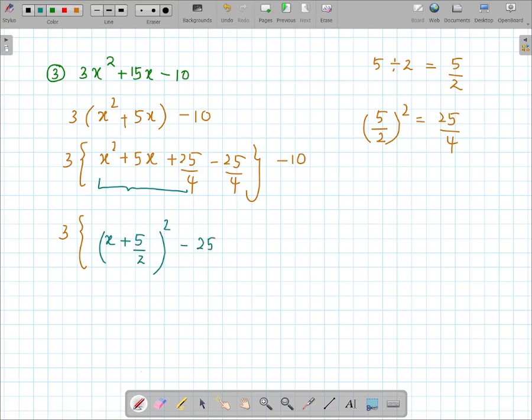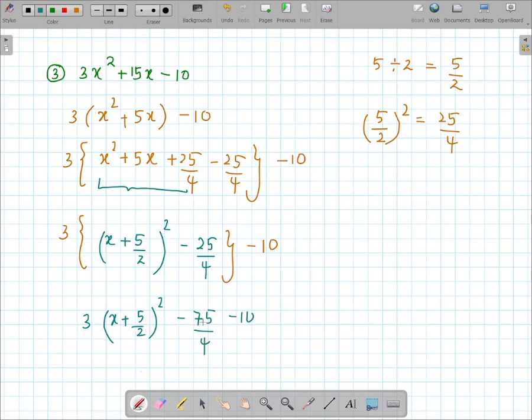Minus 25 over 4, close bracket, minus 10. Then I'm going to expand the bracket by 3. 3 times (x plus 5 over 2) whole squared, 3 times minus 25 over 4, that is minus 75 over 4, and this minus 10.